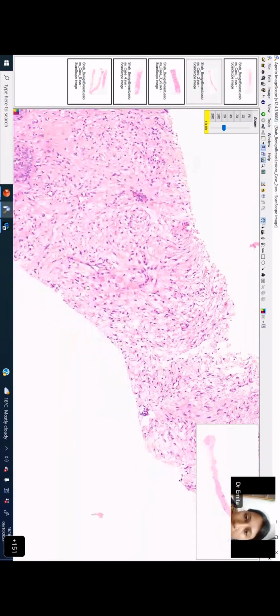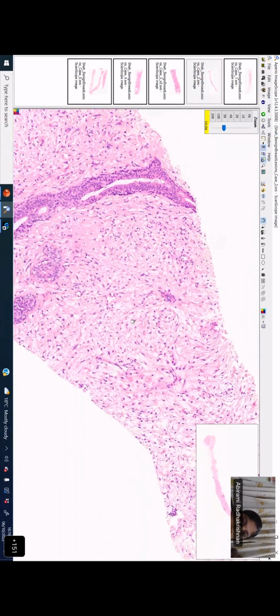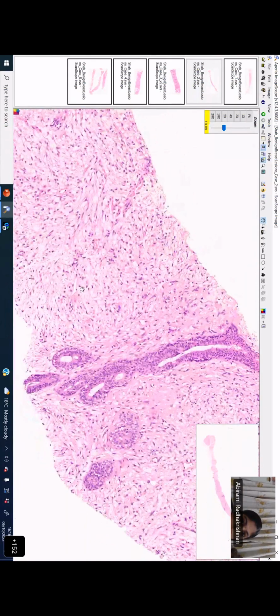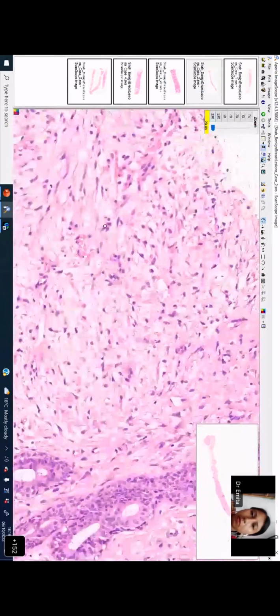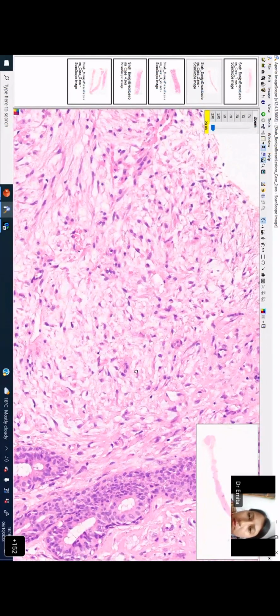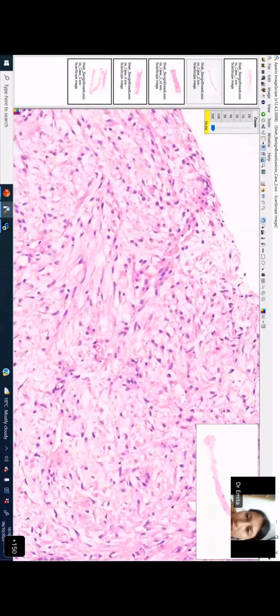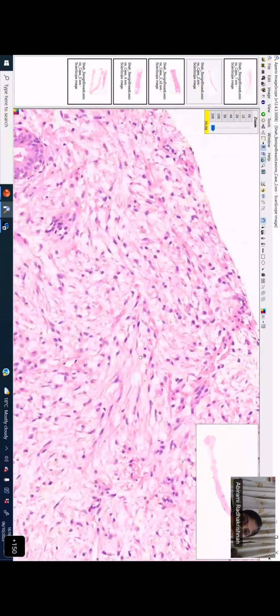With increase in stromal cellularity and epithelial hyperplasia. And the cellularity looks more or less uniform.